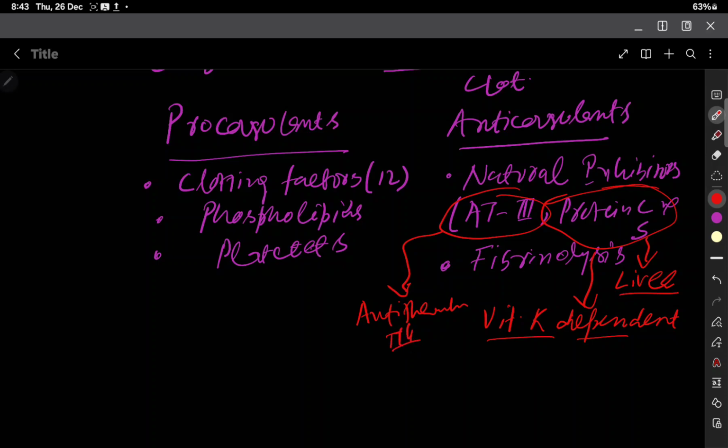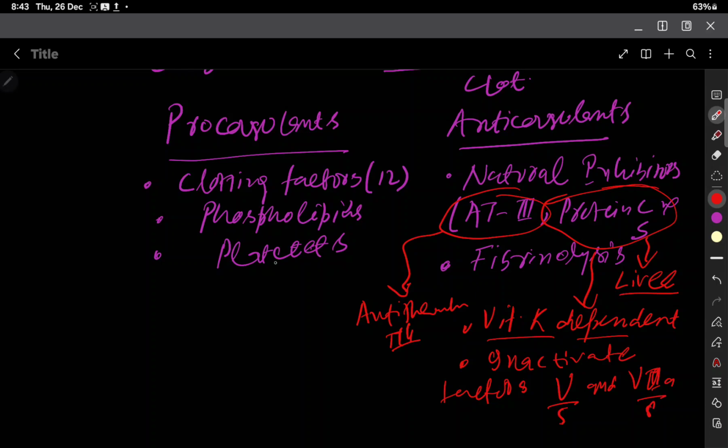That is the first thing. The second thing is that these inactivate factors: factor number 5 in the activated state and factor number 8 in the activated state. So they will inactivate them.